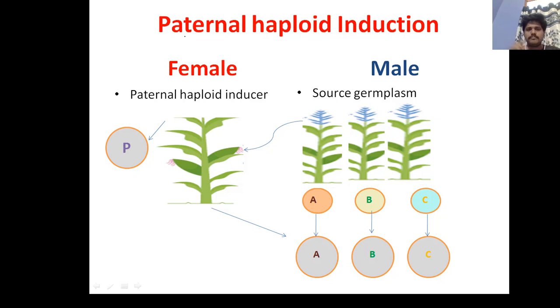However, here, the progeny out of the paternal haploid inducer dusted with the source germplasm has the same cytoplasmic constitution as the inducer, with different nuclear genes.